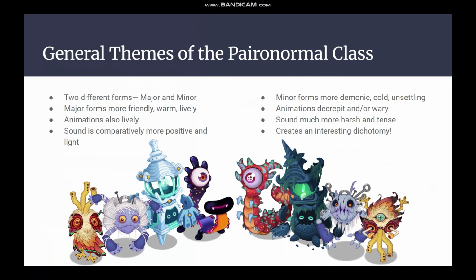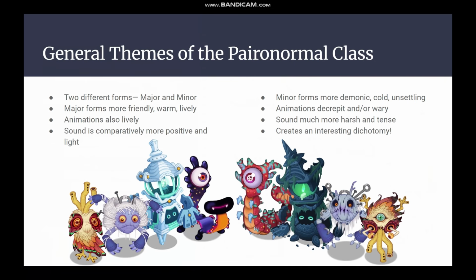So I'm going to talk a bit about paranormal classes. They are defined pretty primarily by having two different forms, major and minor. You can see in this graphic here, we have majors on the left and minors on the right. The major forms are friendly, warm, lively. Animations are lively, and just in general, everything about these guys is a lot more positive and inviting than the minor forms, which are on the right there.